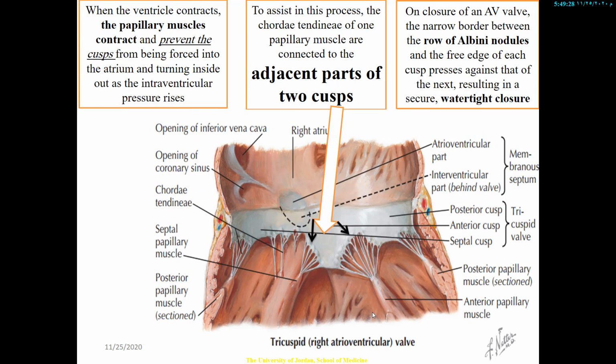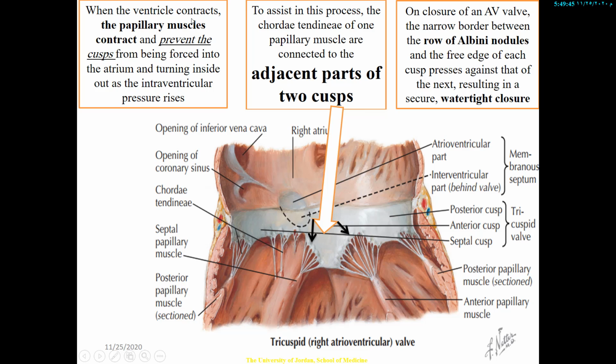I will not talk about the physiology in detail, but at least I would help you to understand more the way the valves are working.